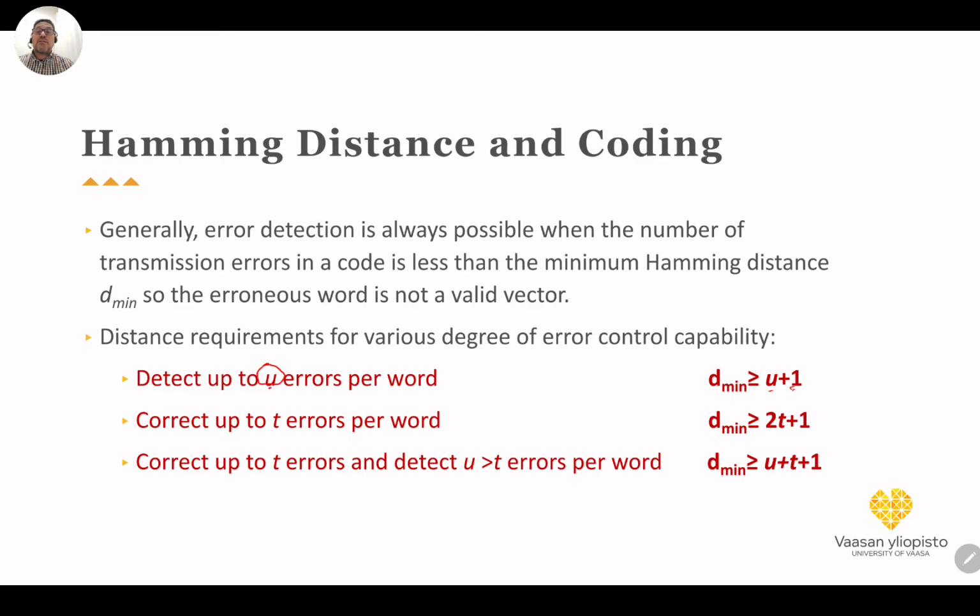So the minimum Hamming distance must be 5 in order to be able to detect 3 errors and correct one error. So these are general rules for how to select the minimum Hamming distance inside your word, compared with the capability of detection and correction.